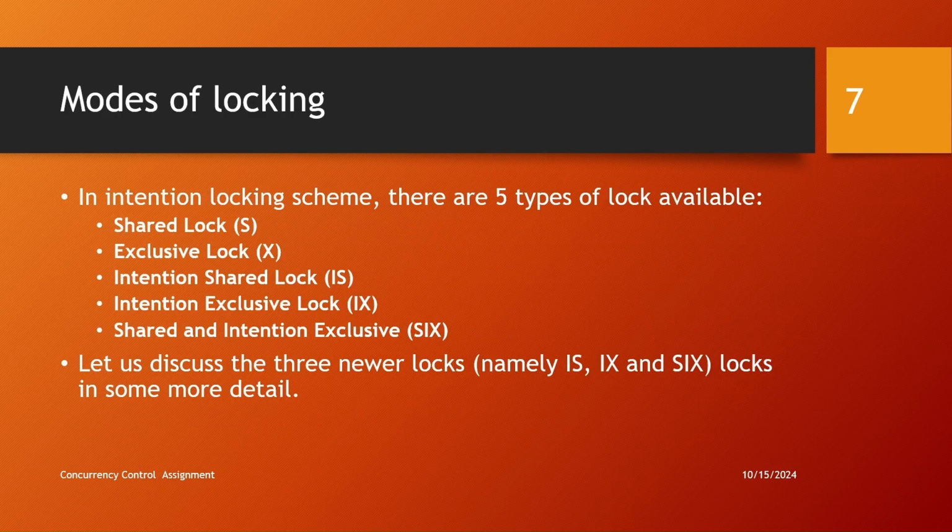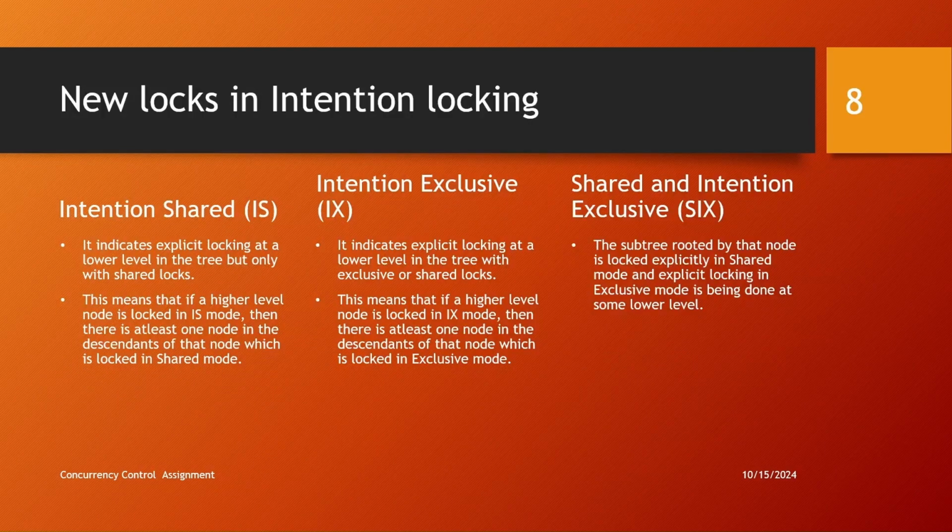So, in intention locking, we have five modes: the shared lock, exclusive lock, intention shared lock, intention exclusive lock, and shared and intention exclusive lock. So, let's discuss the three new locks that we have encountered, namely the IS, IX, and the SIX locks. The intention shared lock indicates explicit locking at a lower level in a tree but only with shared locks.